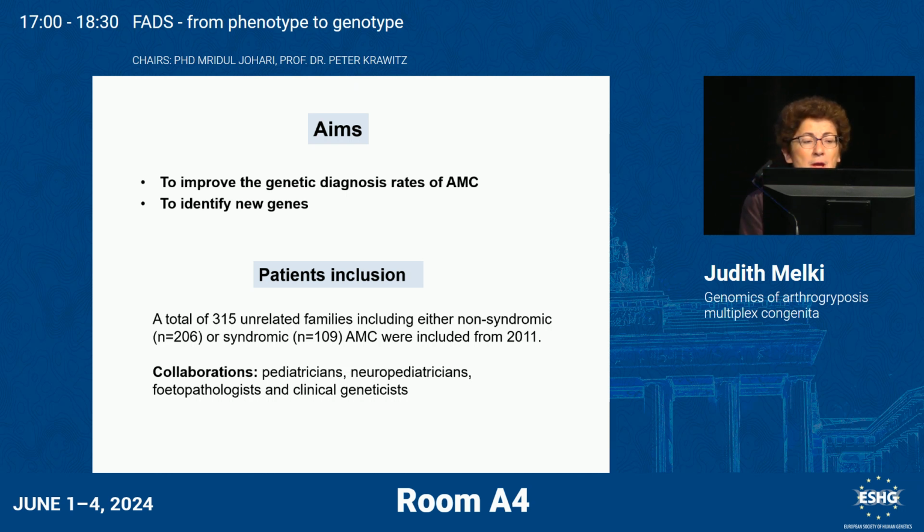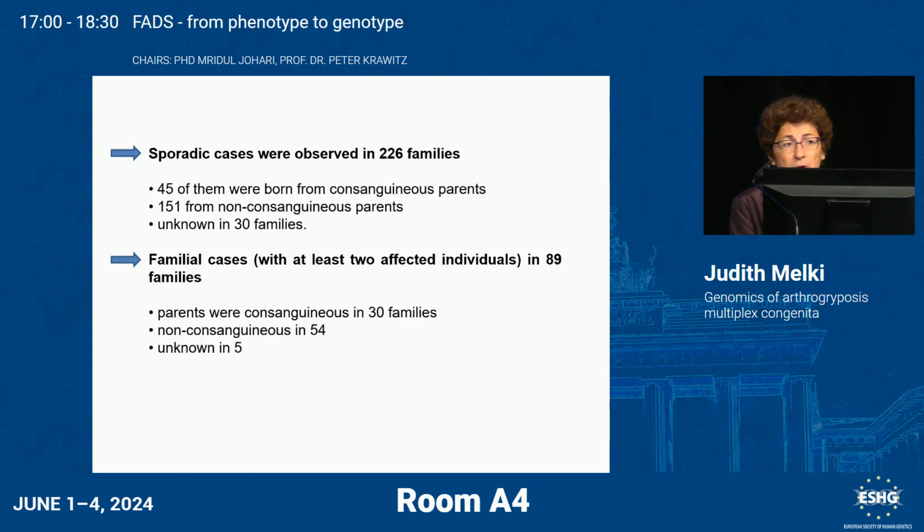This is thanks to the collaboration of pediatricians, neuropediatricians, fetopathologists, and clinical geneticists. The sporadic cases were observed in 226 families. 45 of them were born from consanguineous parents, 151 from non-consanguineous parents, and it was unknown in 30 families.